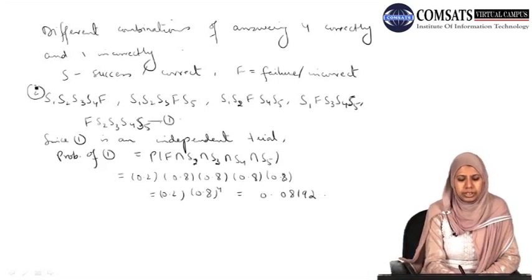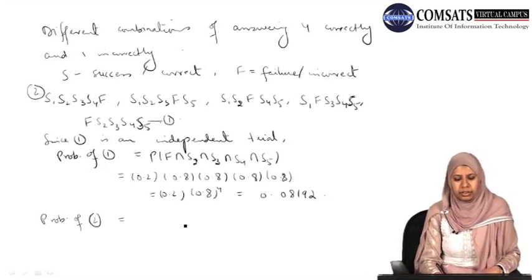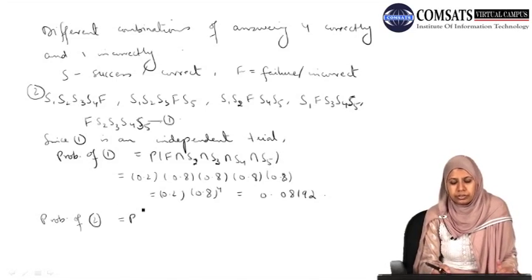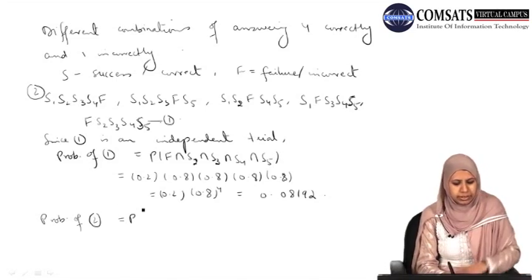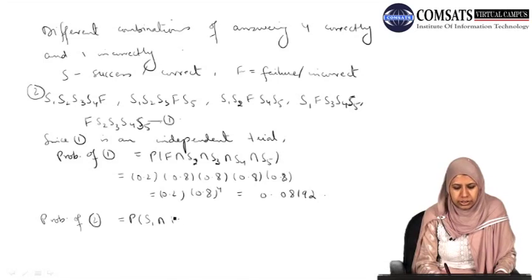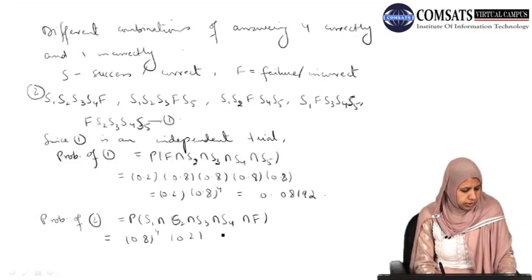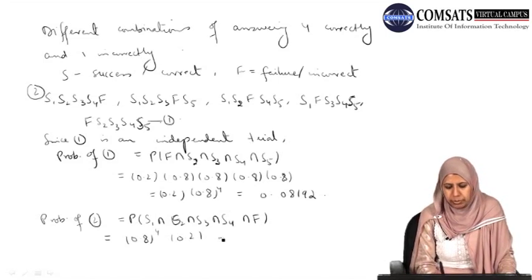Similarly, if we call this combination 2, then the probability of combination 2 will again be the product of the probabilities of all the events, using the joint probability of S1 intersection S2 intersection S3 intersection S4 intersection S5, which is equal to 0.8 to the power 4 into 0.2, which is the same as in the case of our first combination.